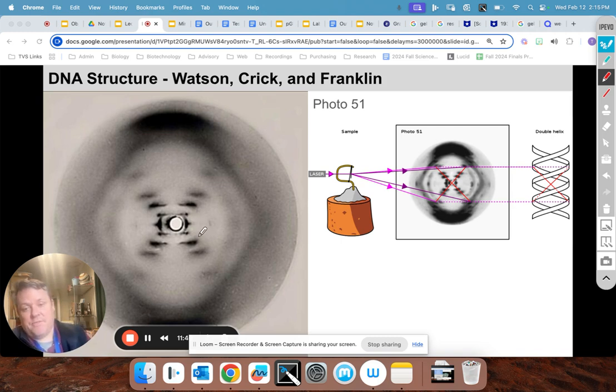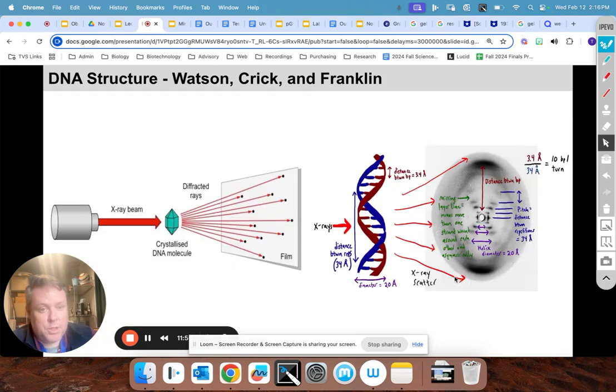And so this is the photo that she took, and then James Watson and Francis Crick took this photo, and they did some interesting math with it, which I do not understand, but apparently this is explaining some of it, right? The distance between the top beam of electrons and the center is the distance between base pairs, and the missing layer line equals more than one strand wound around each other asymmetrically.